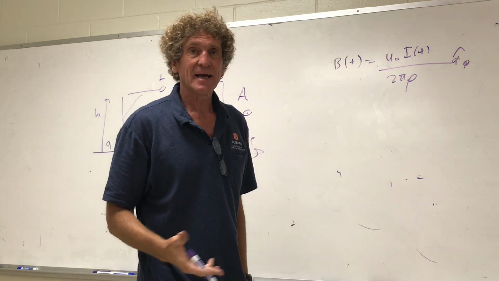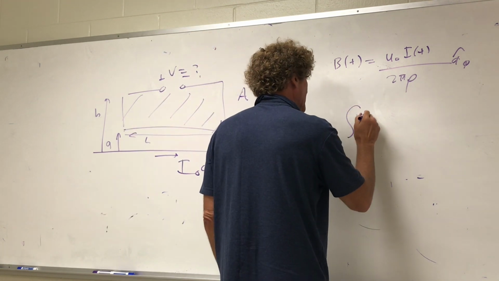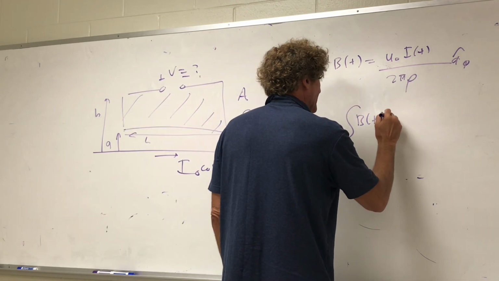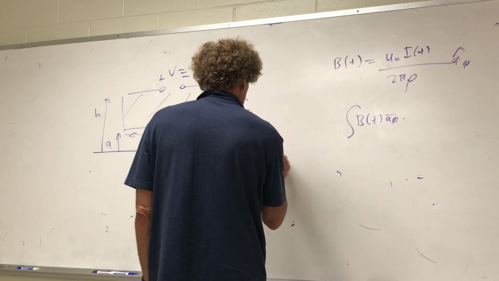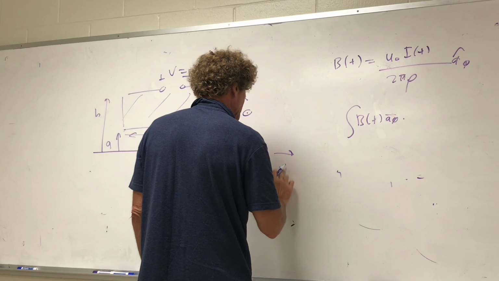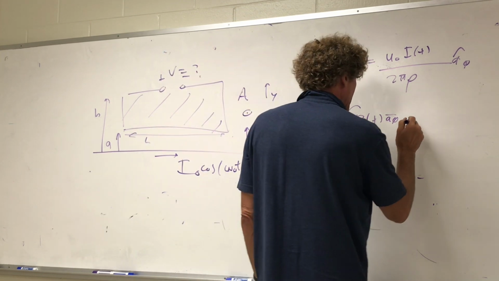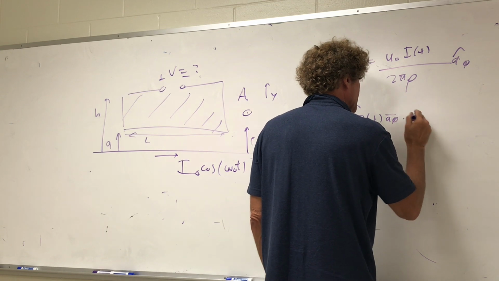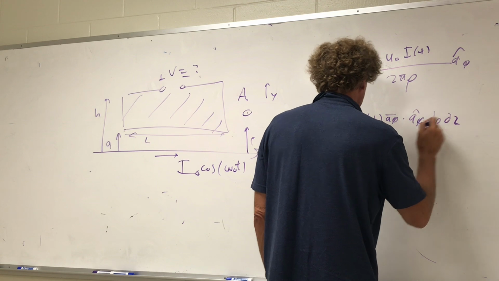And if we integrate that over the entire area, we get the magnetic flux. So if I integrate B of t in the a phi direction, with this as the z direction and this as the rho direction, it's going to have an a phi component because it's perpendicular to the board, and then it's d rho dz.